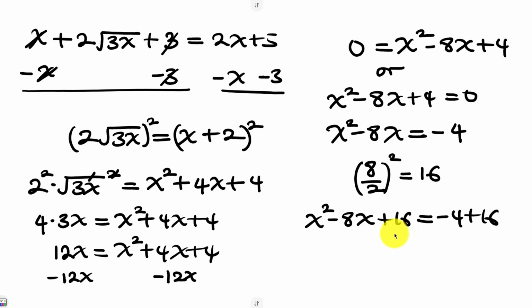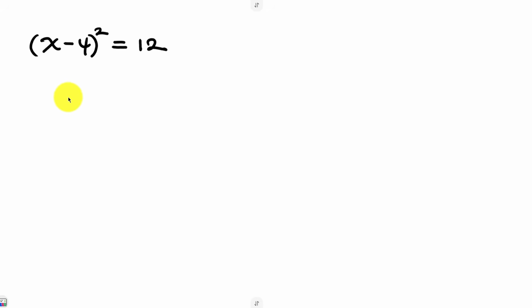Now the left-hand side is now a perfect square that can be written as (x minus 4) all raised to the power of 2. And this is equal to negative 4 plus 16 is 12. Very good. Now let's take the square root of both sides.